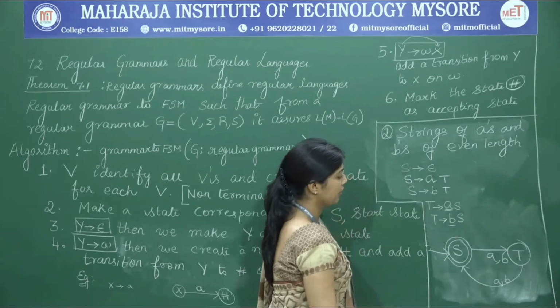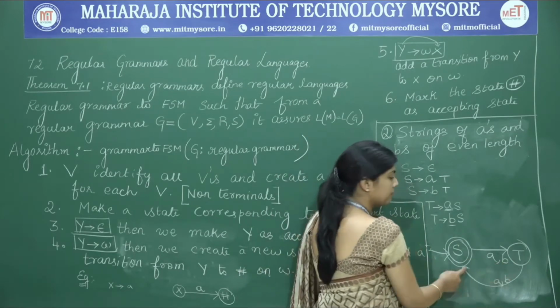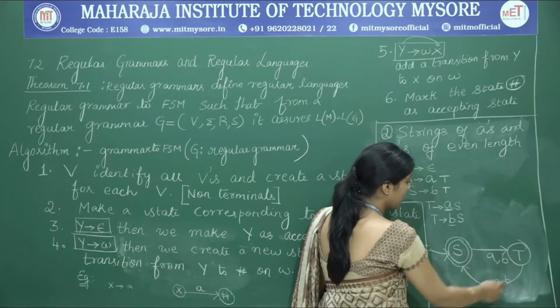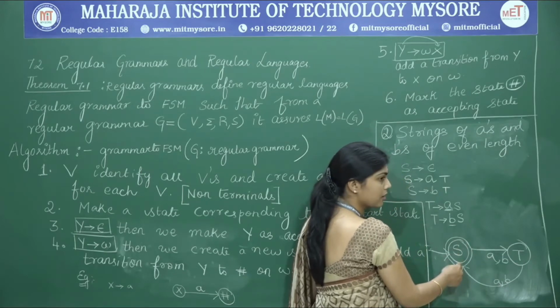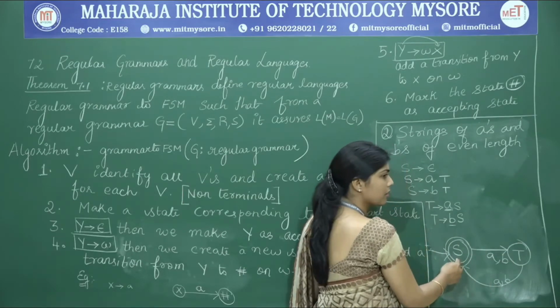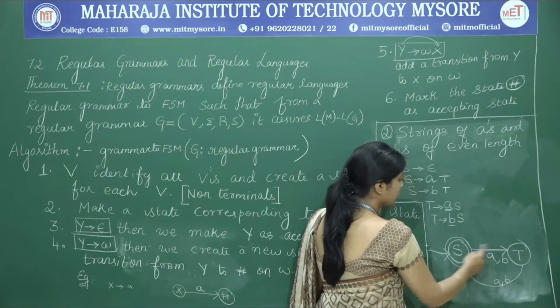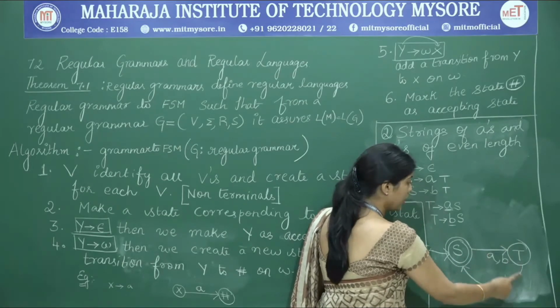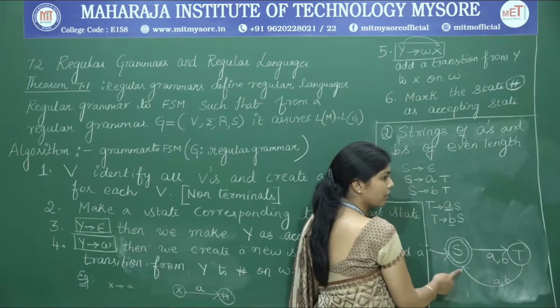So what is happening here? a, b, two symbols. b, a, four symbols. Then a, b, six symbols. So every time it is accepting two symbols, one from this transition and one from this transition.